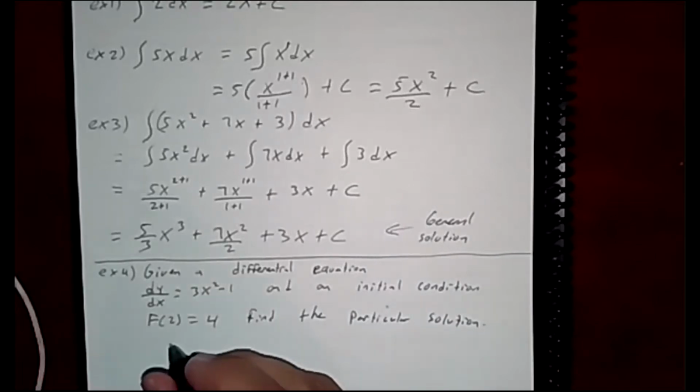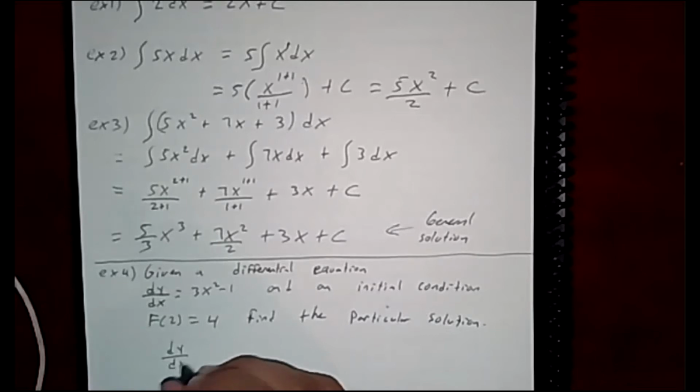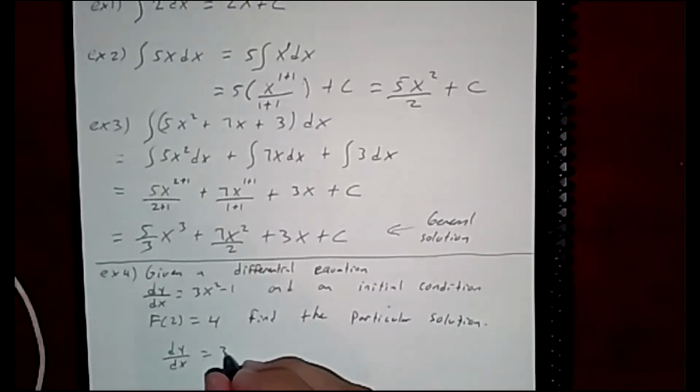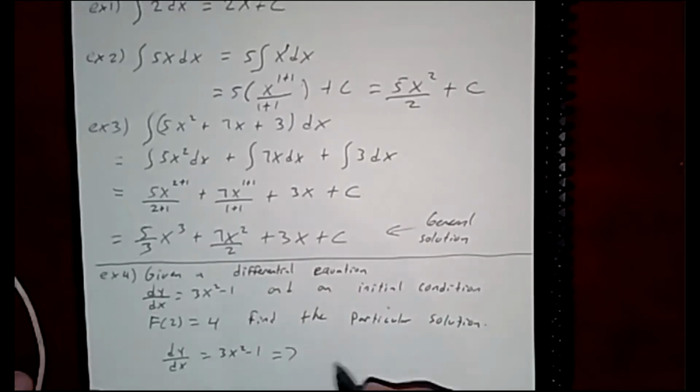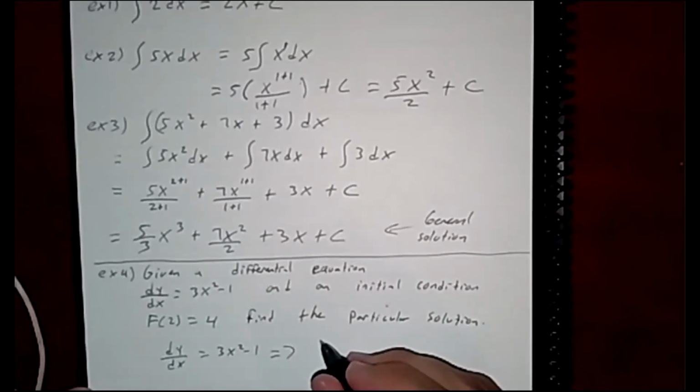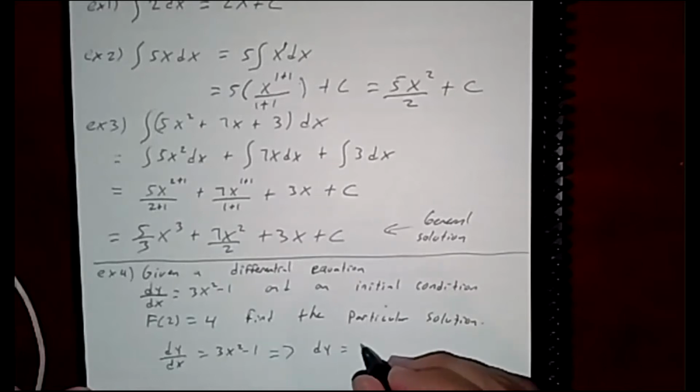Okay. So basically what you have to do, start here. And remember that this is the same as dy equal to 3x squared minus 1 dx, right?